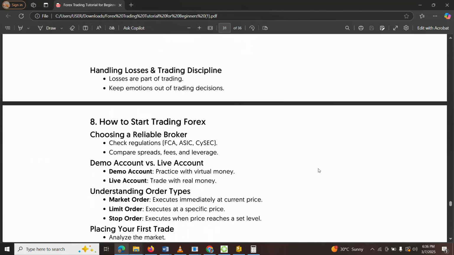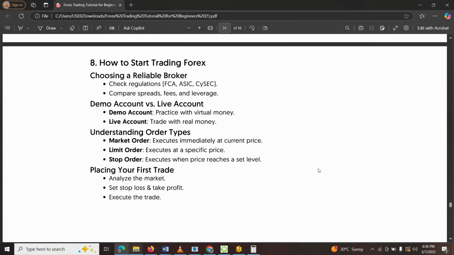So then again, we go to how to start trading forex, right? One thing that you need to note is to choose a reliable broker, like I said, depending on the spreads, the leverage they are giving you, and the regulations, maybe by your government agencies.